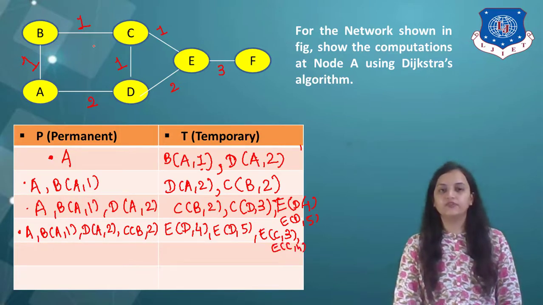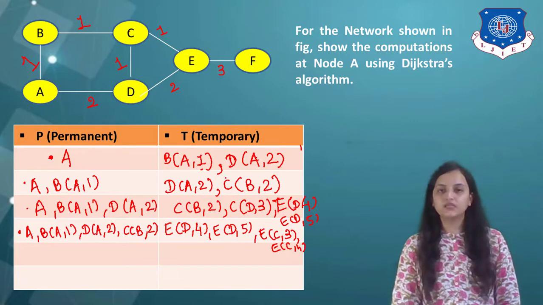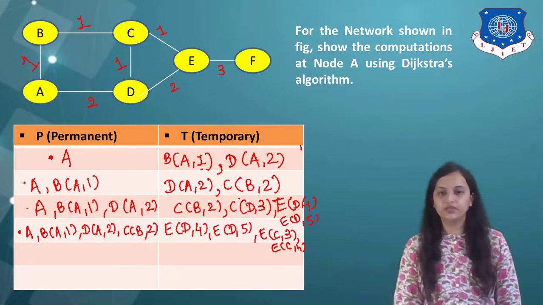Again, if we check the path to reach the E node via C, this we have already considered, that means 1 plus 1 plus 1, 3. This 2 plus 1, 3 plus 1, 4. So all the paths are considered. So from this we need to select the smallest value, which is EC3. We have to shift it on the permanent node side.